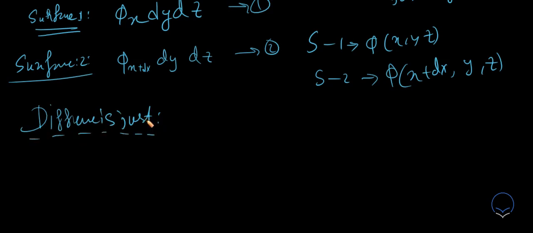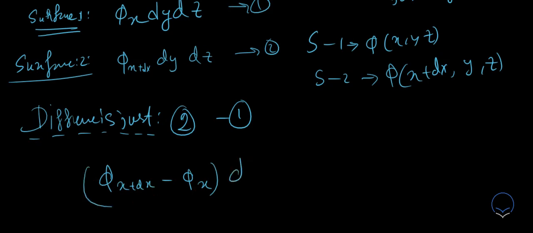Because if you recall, we want to see how much of the fluid gets lost in the volume that we are considering. So this difference is just 2 minus 1. This is our claim, or so to say we are requiring this thing. So this is phi of x plus dx minus phi of x. We can factor out this dy dz.